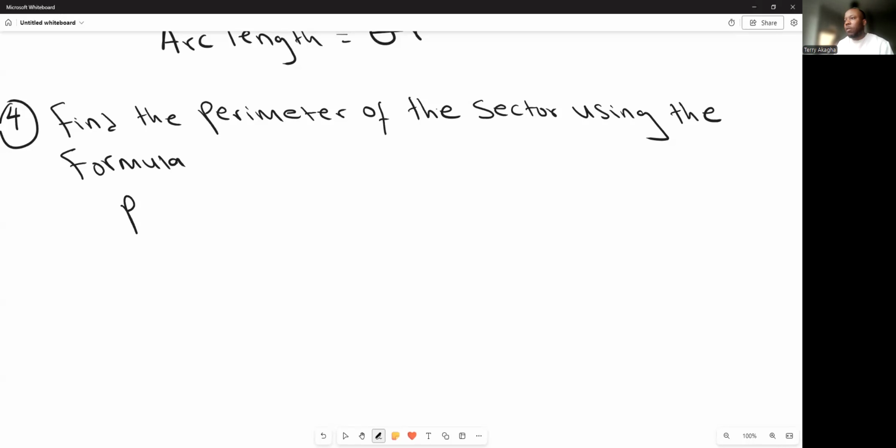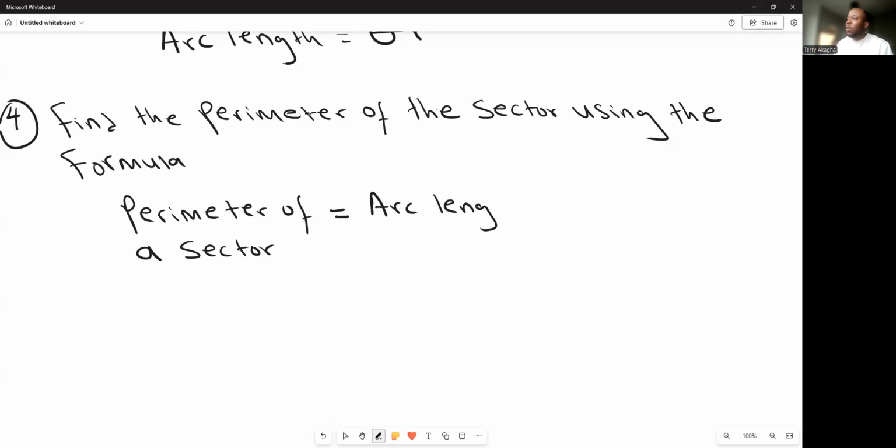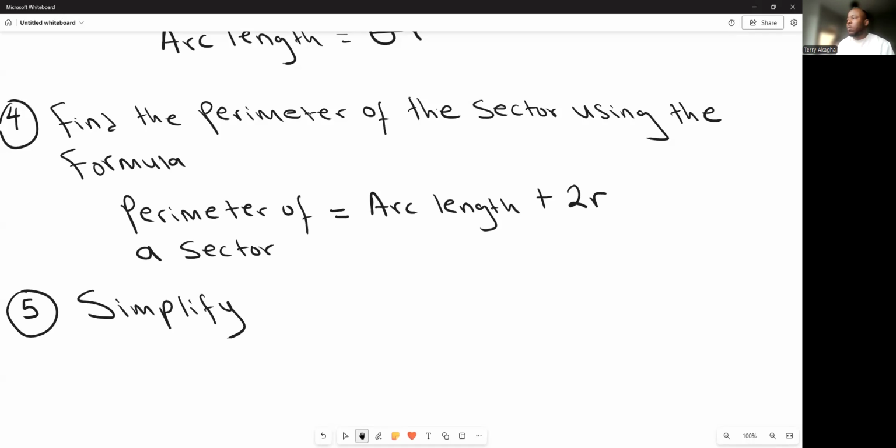The perimeter of a sector is going to be equal to the arc length that you calculated plus 2r, okay? Then number 5, what you then do is simplify, okay? And that's what you do.